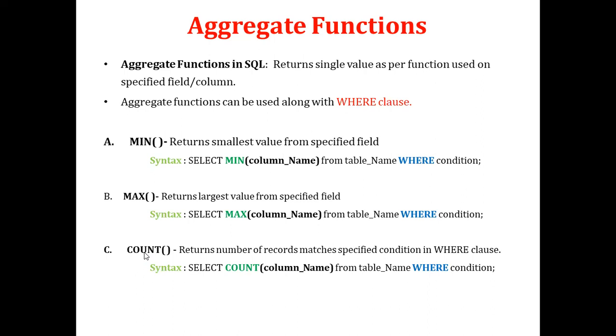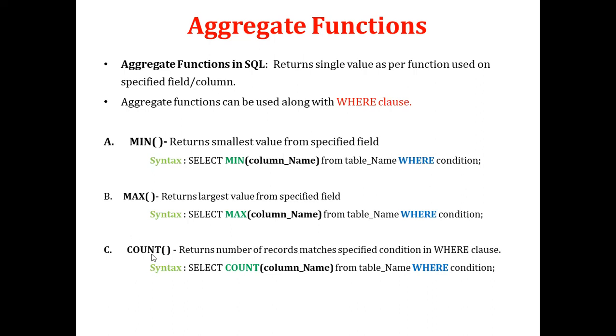Next is the count. This is the most important aggregate function because it returns the number of records that match a specified condition in a where clause. So if you put down the condition with the help of a where clause, then how many records, how many entries satisfy that condition, that answer you can fetch with the help of the count function.